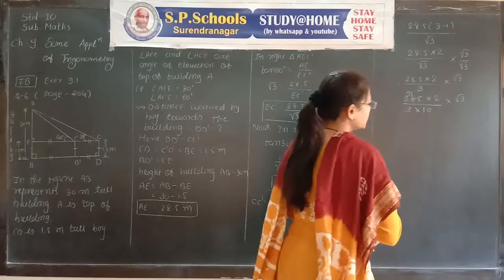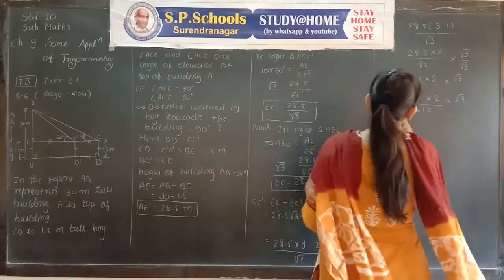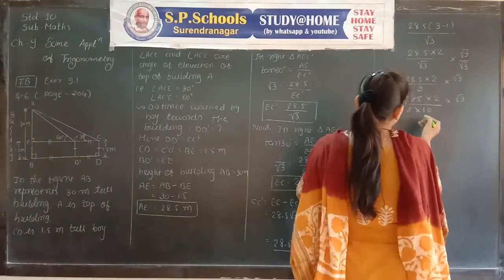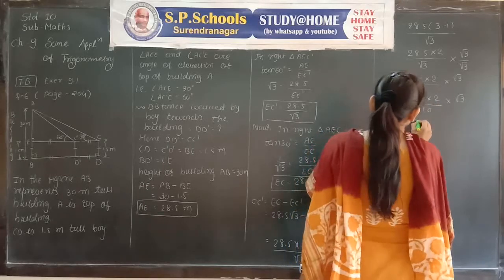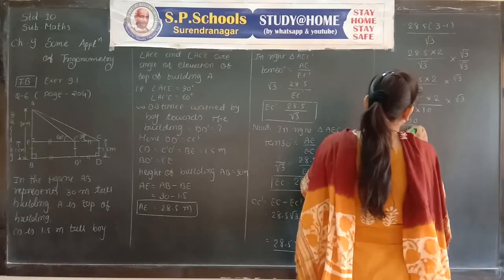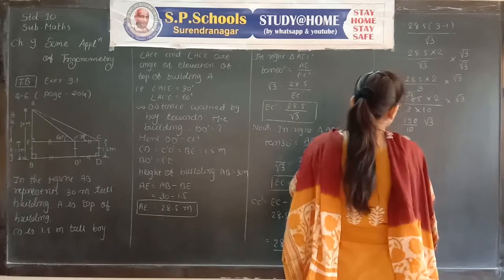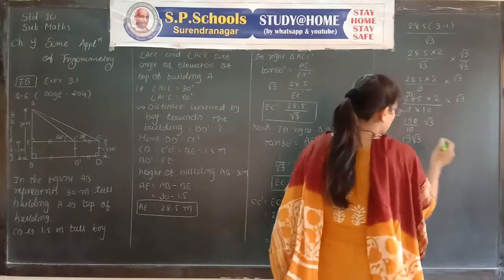Again by 10 cut is possible, or 95 2s are 190 upon 10 into root 3. 0 0 cut, 19 root 3.